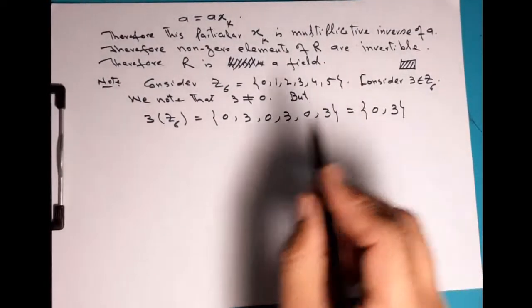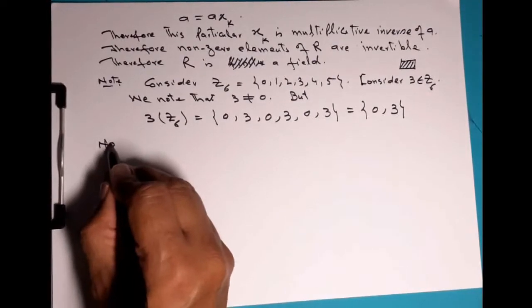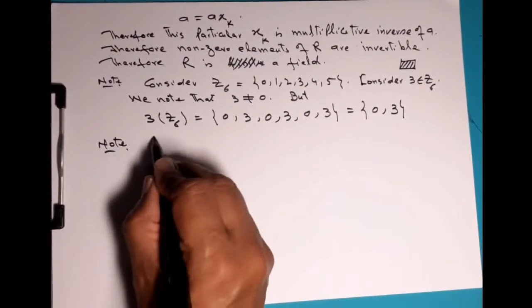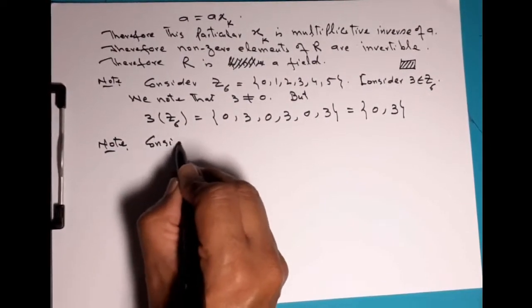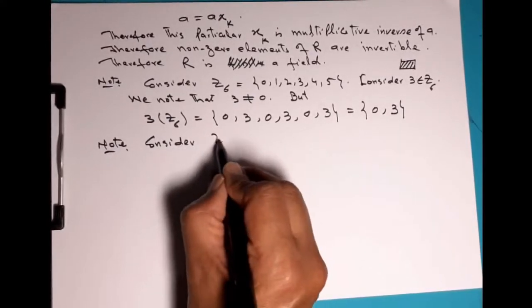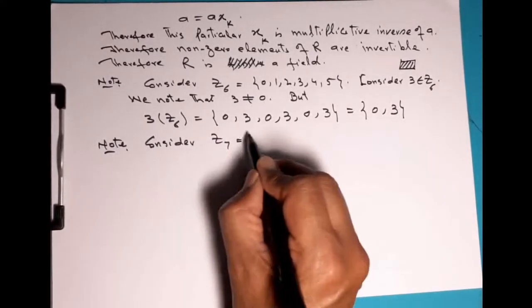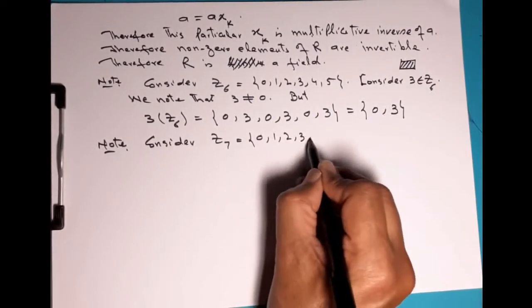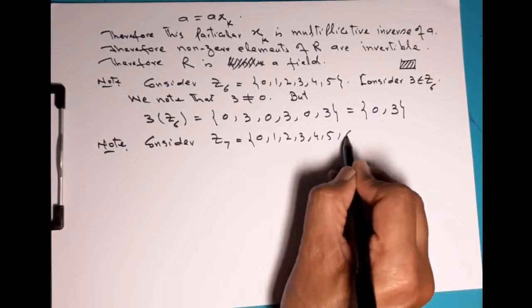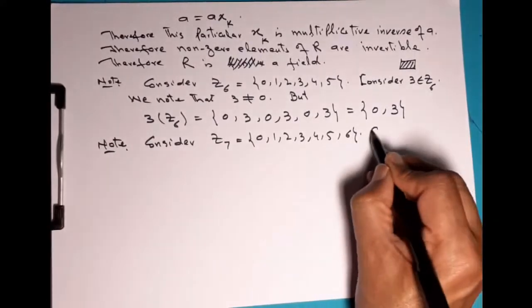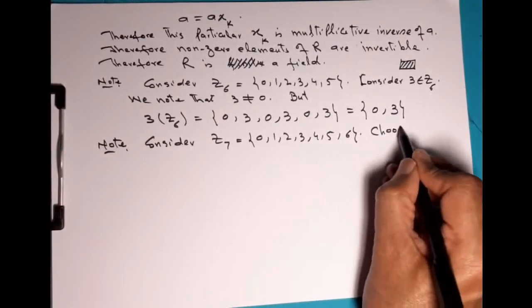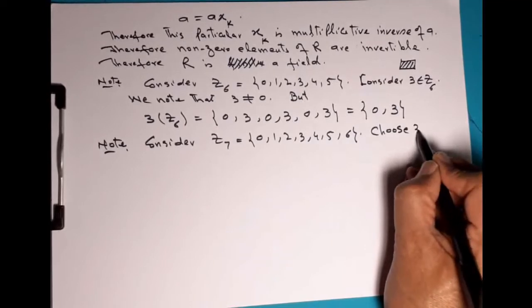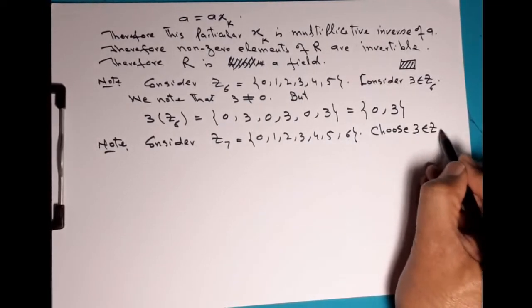They are not equal. Let's take another example. Now consider Z7, and this is equal to 0, 1, 2, 3, 4, 5, and 6. Choose any non-zero element, let's say 3 again, 3 belonging to Z7.